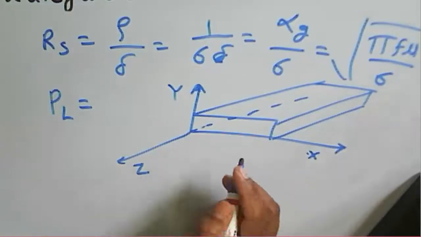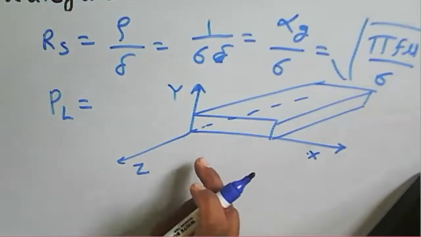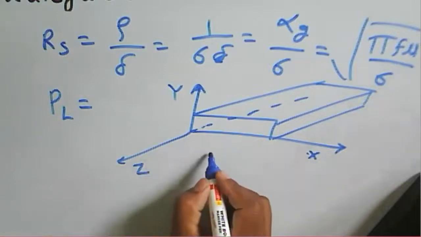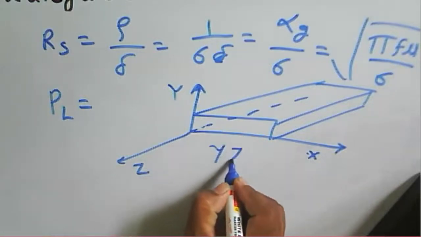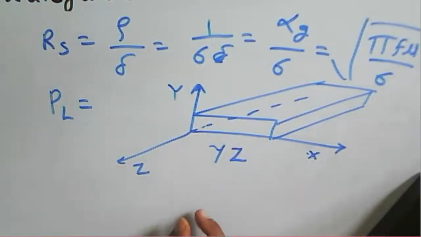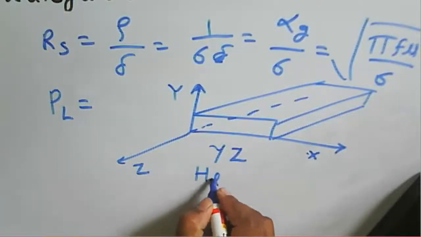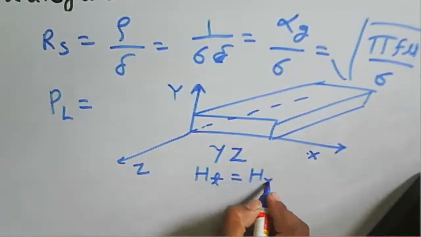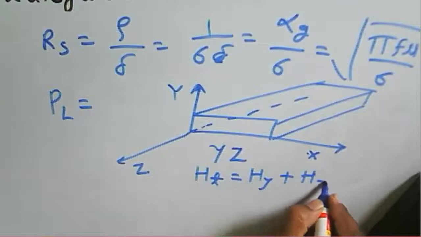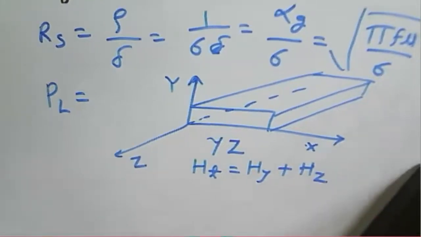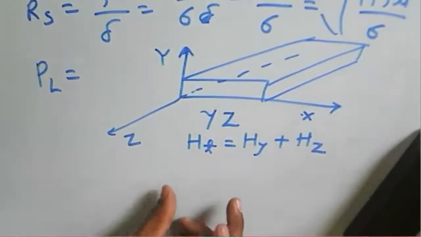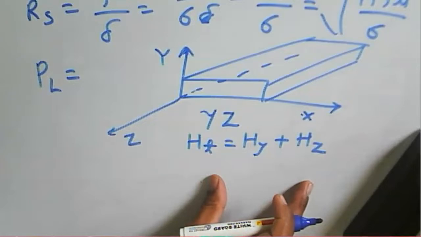So we consider the plane of propagation, that will be the yz plane. For this yz plane the tangential component will be what? Hy and Hz. Okay, that is the tangential component.